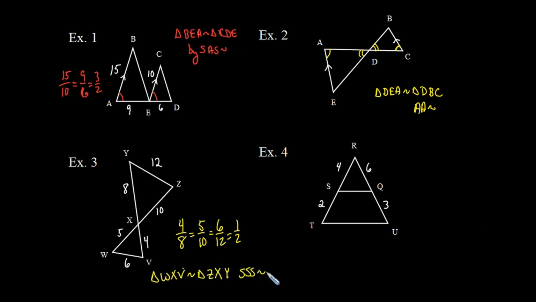And that was the side-side-side similarity. Had we not wanted to use side-side-side, just as an example, you could have also thought about this angle right here being congruent because of vertical angles being congruent, and we could have had side angle side. But I did want to see an example of side-side-side similarity, so that's the route that I chose there.